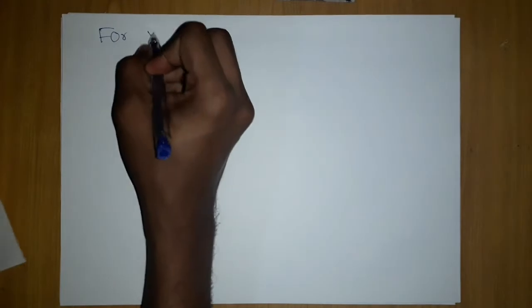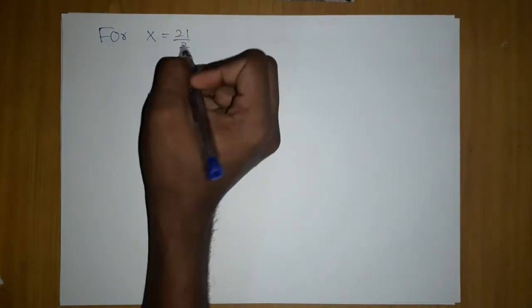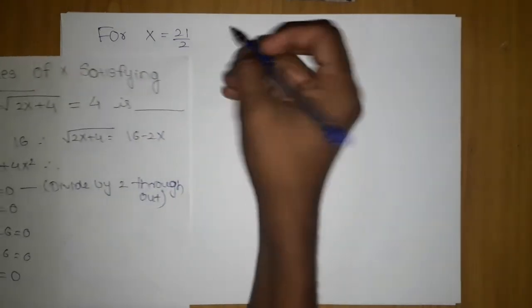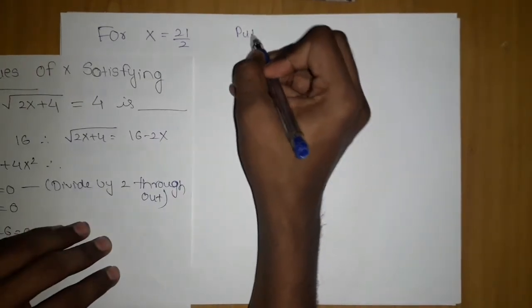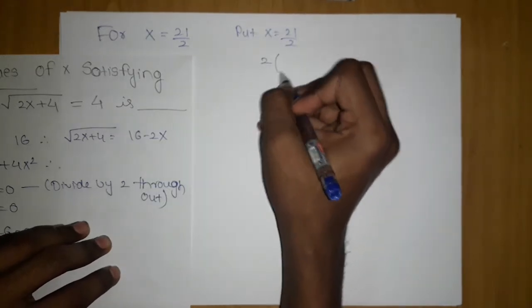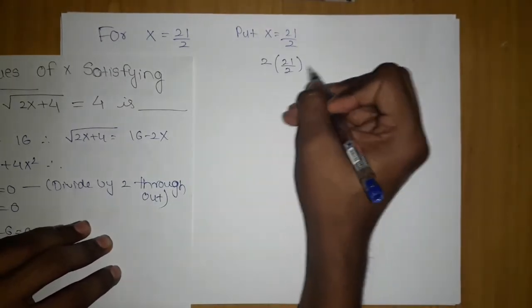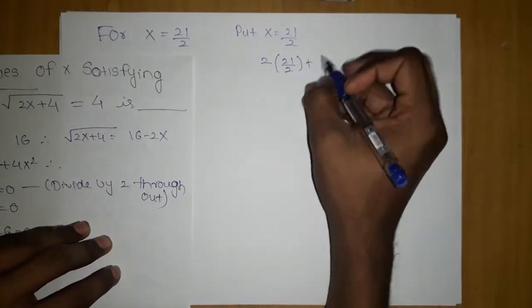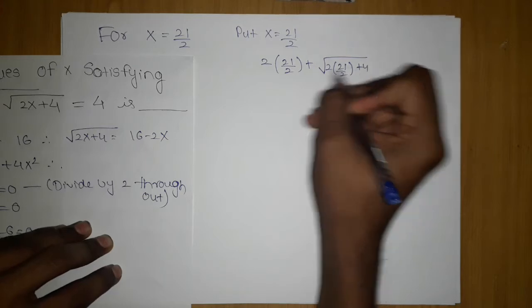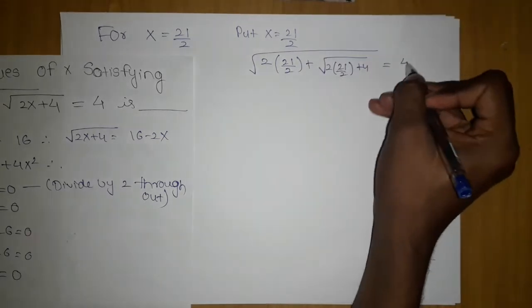For x equals 21 by 2, put x equals 21 by 2. What are we getting? 2 into 21 by 2 plus under root 2 into 21 by 2 plus 4, this whole under root, and this should be equal to 4.